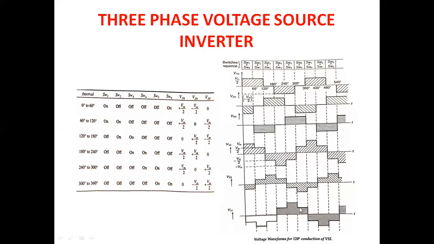So we have to just follow how to calculate: V12 is equal to V1n minus V2n, V23 is equal to V2n minus V3n, and V31 is V3n minus V1n.